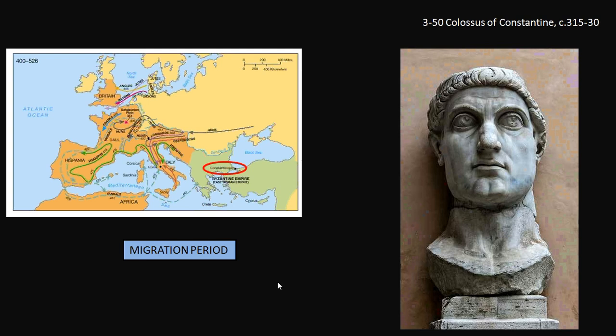We've talked about this as the migration period, because of the great migrations of non-Romans into the areas that are now left unprotected because Constantine has moved the seat of power to Constantinople. Okay? So we get a lot of movement into the old Roman Empire by non-Romans during the 200 years following Constantine's decision to move to Constantinople.